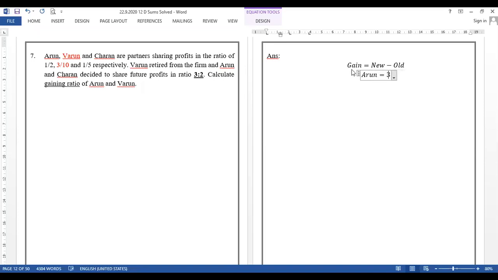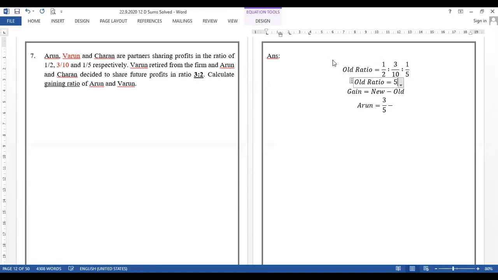New share is 3 by 5. Old share, if I have to equalize. The old ratio is 1 by 2, 3 by 10 and 1 by 5. So if I equalize the denominator part over here, that will be 10.